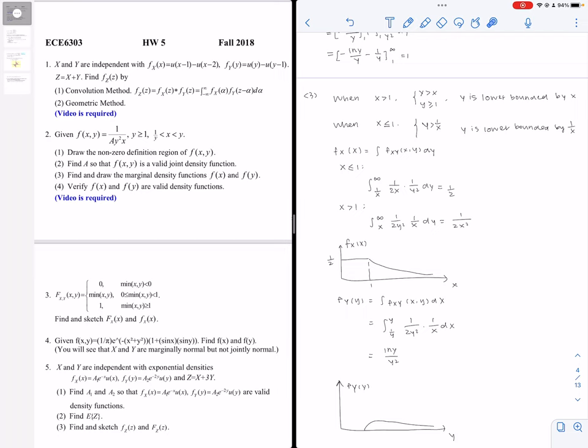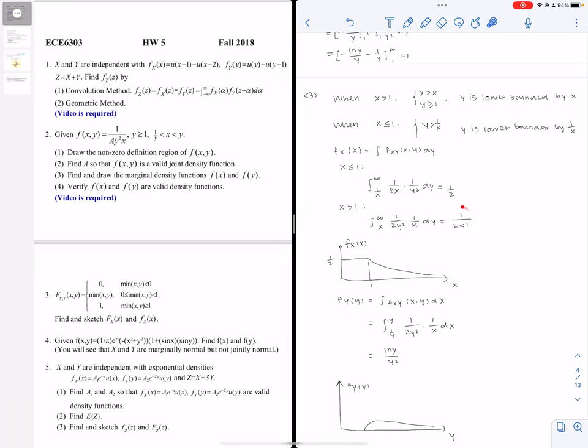But y is also lower bounded by x. And when x is larger than 1, x becomes the lower bound of y. So here we have a little discussion when x is larger than 1 or not larger than 1.